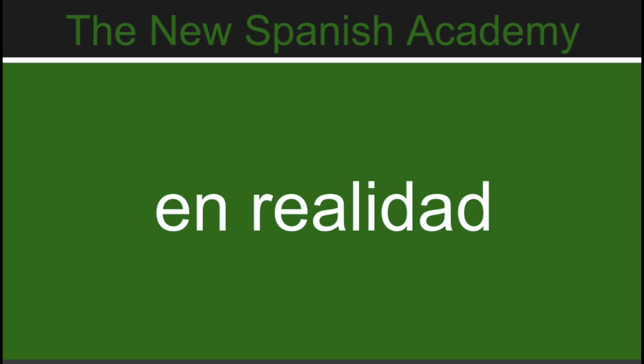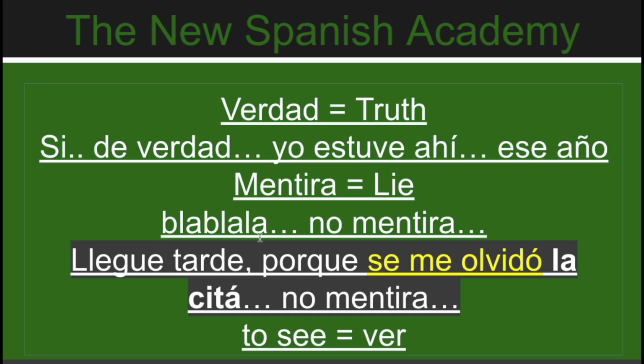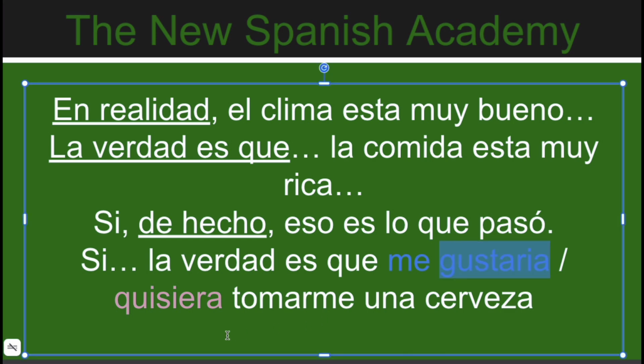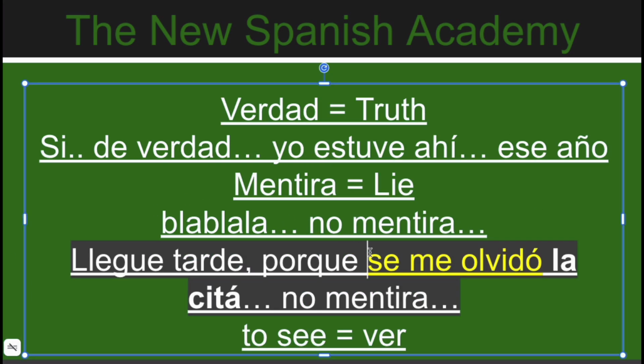For example, the part with quisiera and me gustaría, this is the verb gustar, to like, and quisiera, to want, and of course you're gonna find this, but sometimes it's good to find some repetition before or after the course, that verb course. And se me olvidó is also a verb.